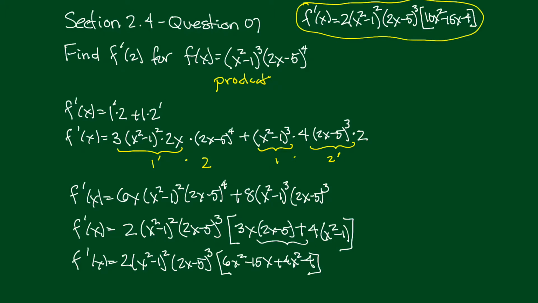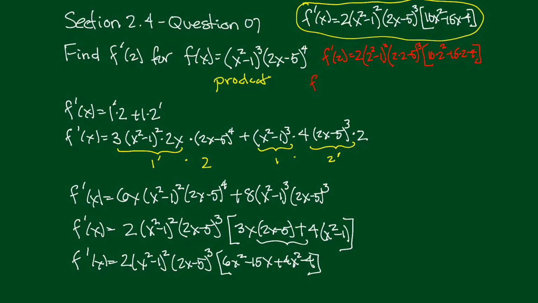So I'm going to substitute 2 in for every one of those x's. See what that gives us. So f prime of 2. This will be 2 times 2 squared minus 1 squared, 2 times 2 minus 5 cubed, then 10 times 2 squared minus 15 times 2 minus 4.